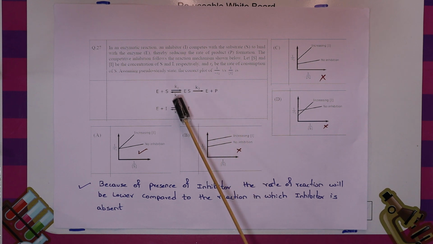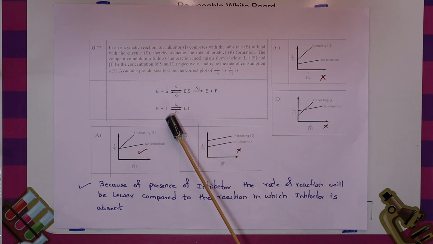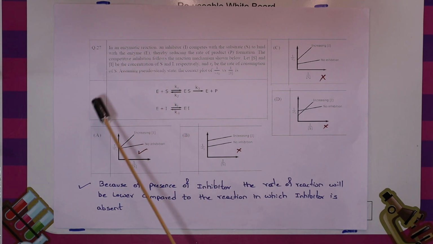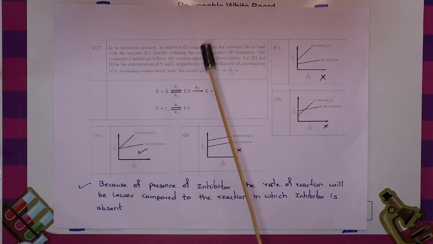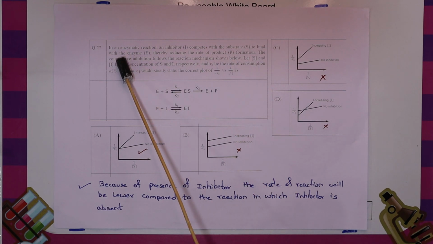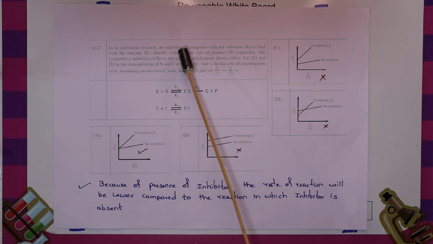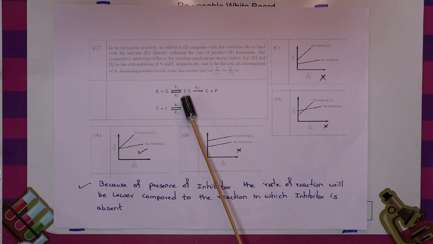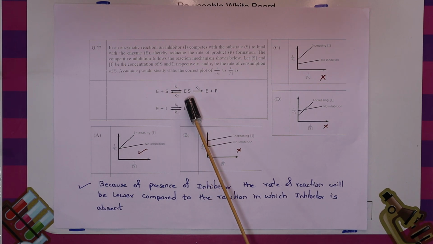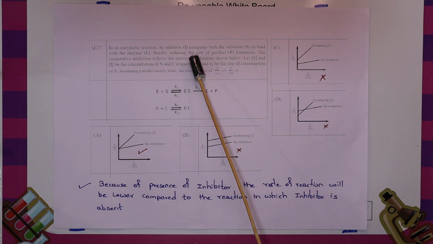If this is the reaction and an inhibitor is present, let us read the question now. In an enzymatic reaction, an inhibitor I competes with the substrate to bind the enzyme, thereby reducing the rate of product formation.